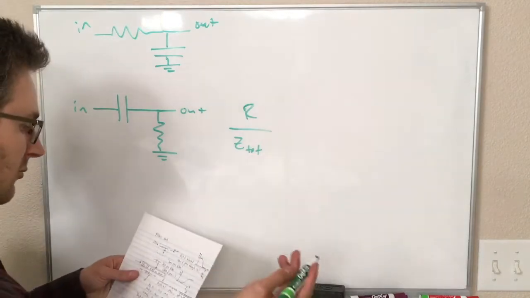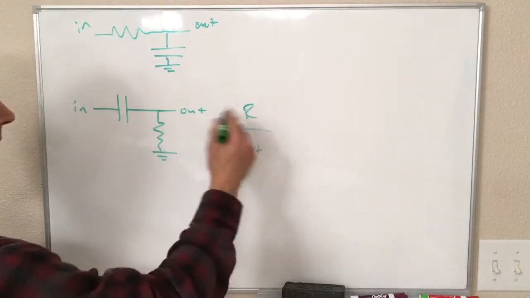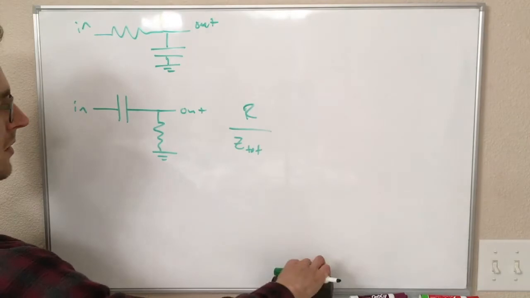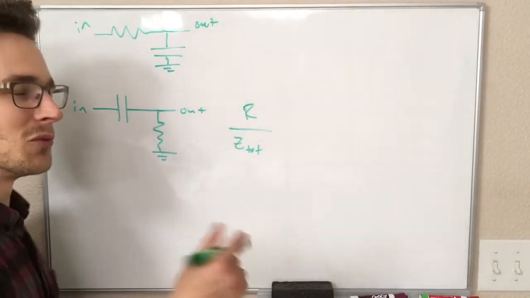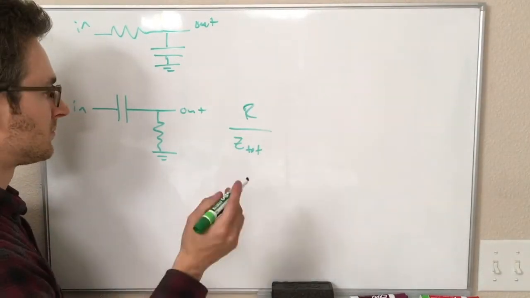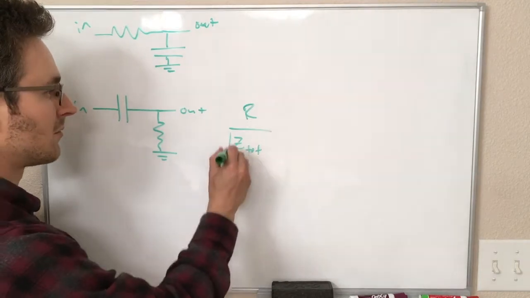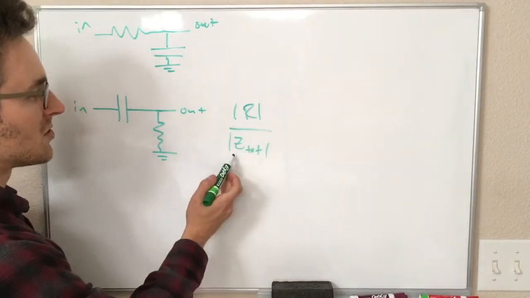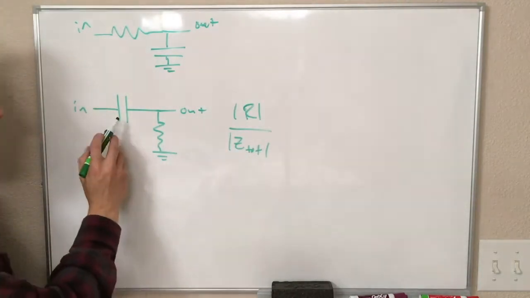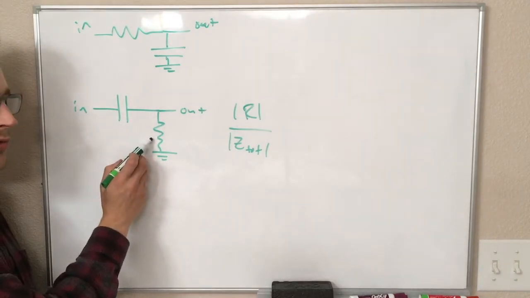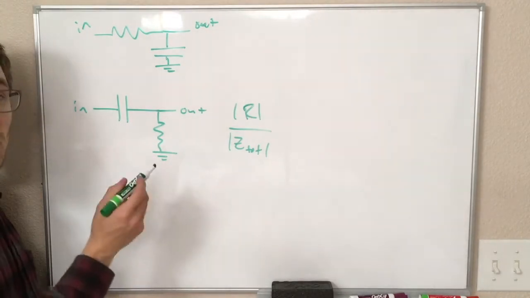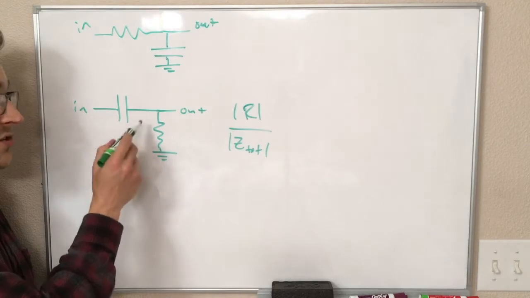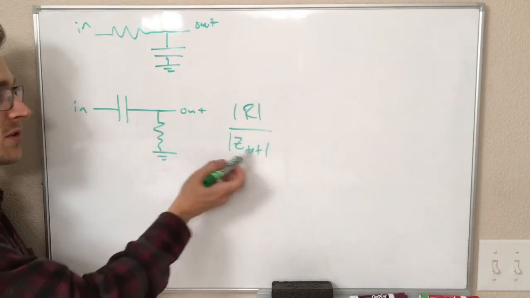So it turns out if we do the math for this, we can figure this out without too much trouble. So Z total here is the impedance of the capacitor plus the impedance of the resistor. So at low frequencies, the impedance of the capacitor is very high, so Z total is very large.